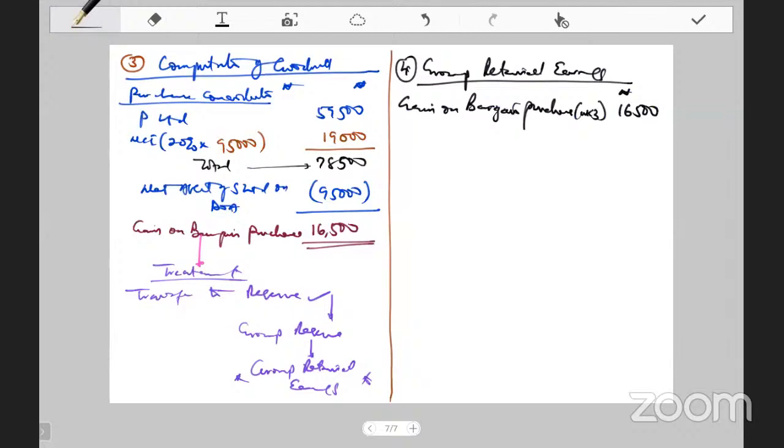I've done that. So I can now move to number 5. I can now do the NCI value. So to get my NCI value, I need the fair value of consideration. What's the fair value of consideration of my NCI? According to working 3.